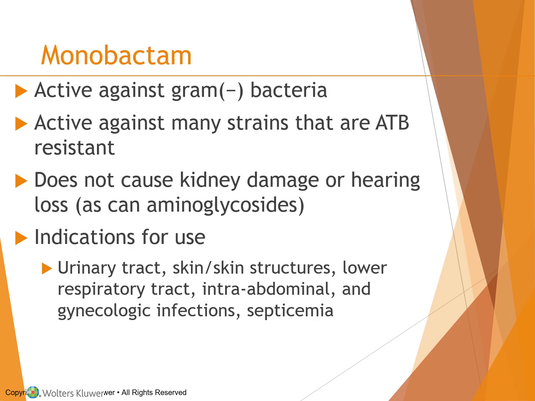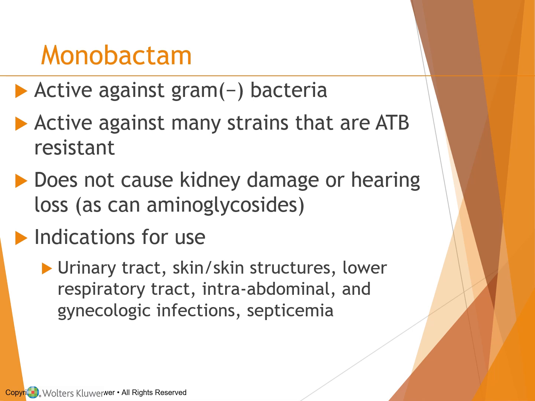Okay, so now we have the monobactam, and this class is active against gram-negative bacteria. Remember that penicillins are mainly active against gram-positive bacteria. And guys, this could be a kind of an advantage, because remember the normal flora that we have in our body. So by monobactam being active only against gram-negative bacteria, it's at least going to leave alone the normal flora that we have.